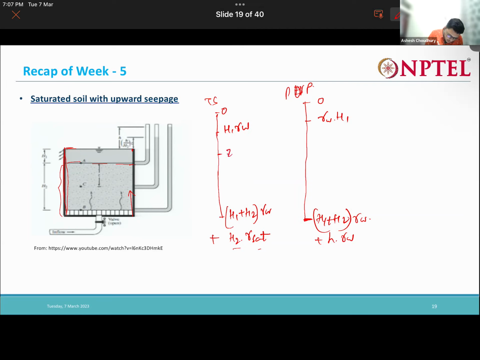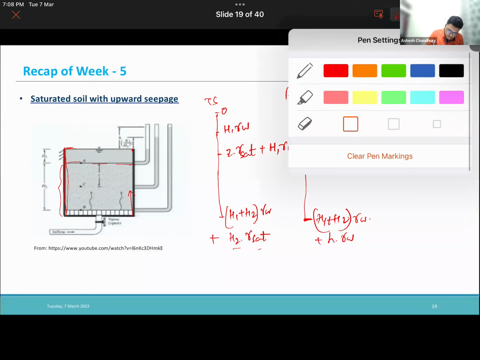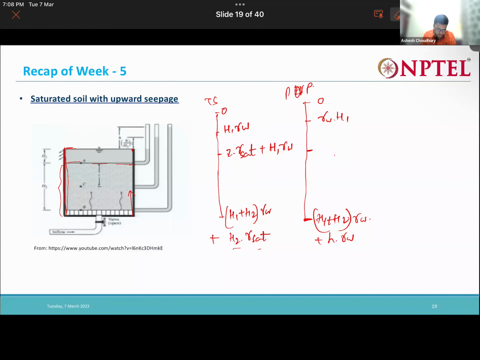Total stress here will be Z into gamma saturated plus H1 into gamma W. And here my pore pressure will be H1 plus Z into gamma W. This one is correct, right?